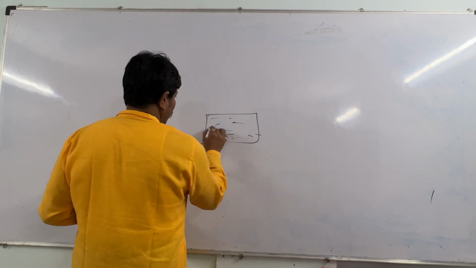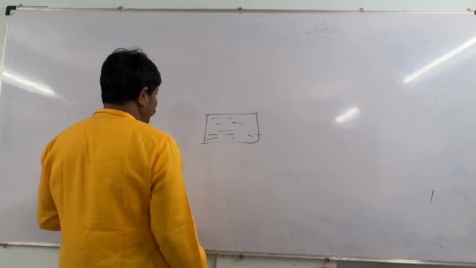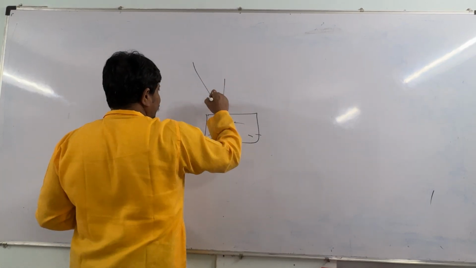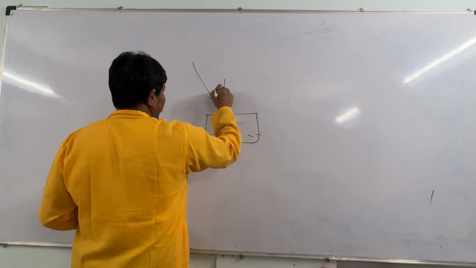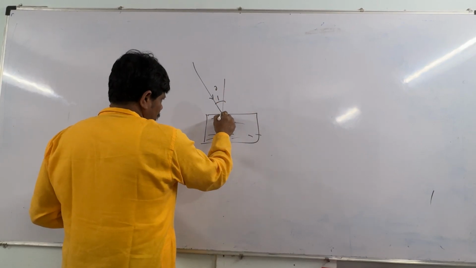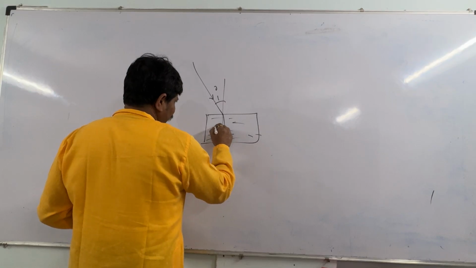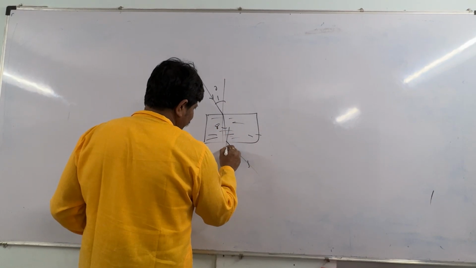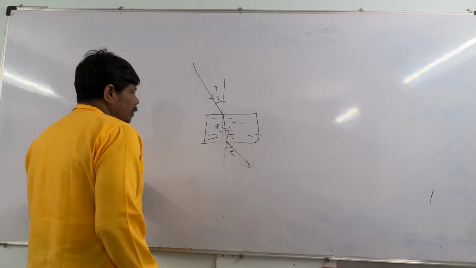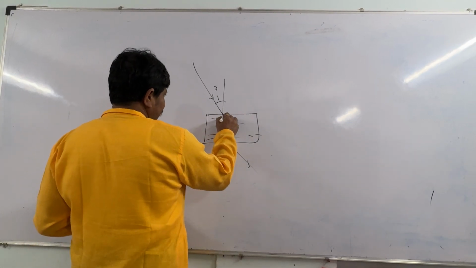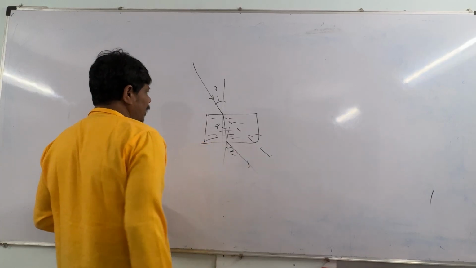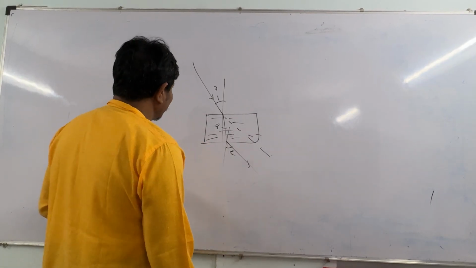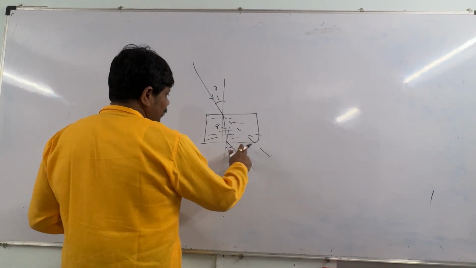This is the normal, this is the incident ray, this is the angle of incidence, this is the angle of refraction, and this is the angle of emergence. When you go like this, these two rays are parallel, and the perpendicular distance between these two is the lateral displacement.